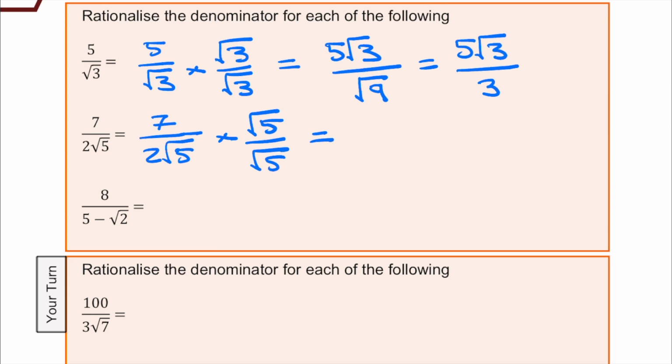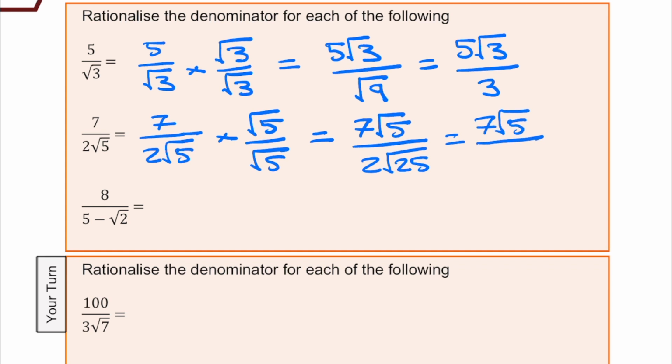We're just rewriting how it looks. 7 times root 5, nice and simple. In the denominator though, those 2 root 5s we combine into 1, and we're going to get a root 25. From there we simplify. Leave the numerator, because it can't be simplified, but that denominator, root 25 is 5, and then we times that by 2 to give us 10.